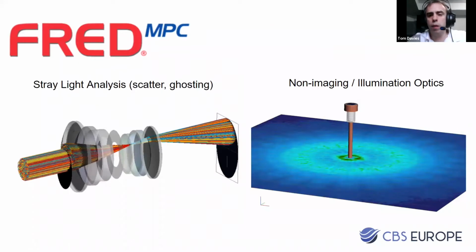A couple of very simple use cases: stray light analysis in an imaging system, analyzing scatter and ghosting problems creating artifacts on the image plane or detector, and also non-imaging illumination systems as well.